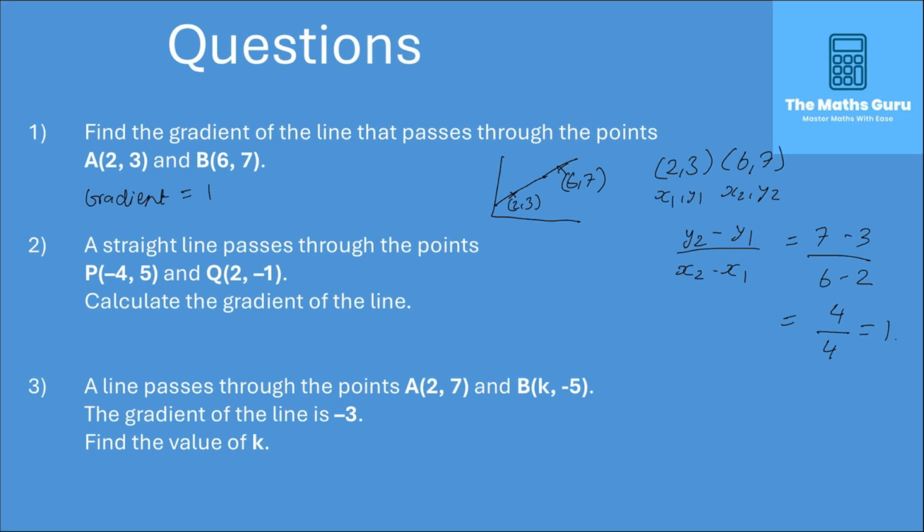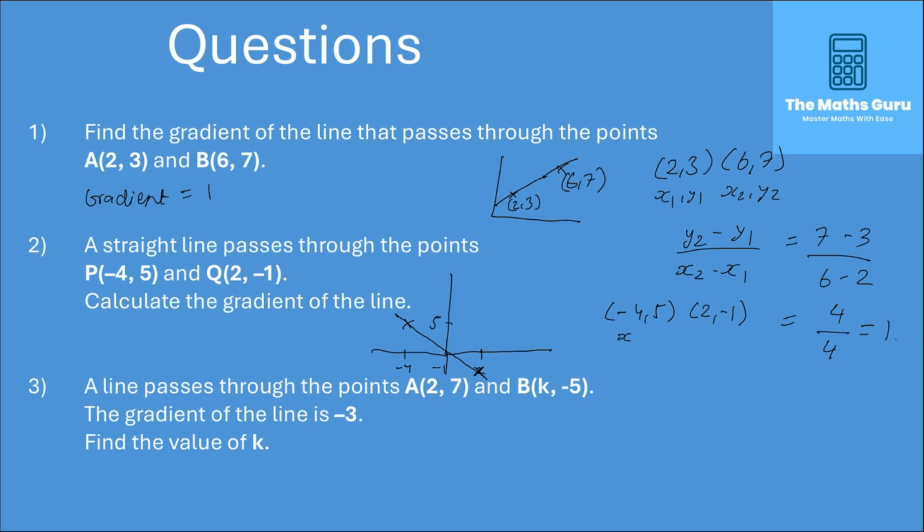A straight line passes through the points (-4, 5) and (2, -1). So here and here. Work out the gradient of this line. So we have our (-4, 5) and our (2, -1).